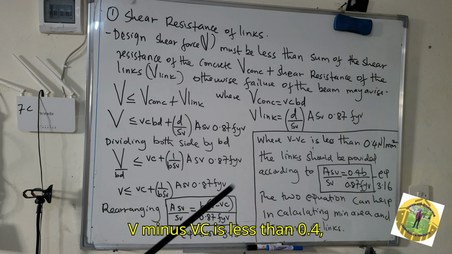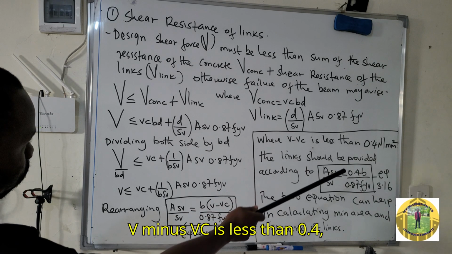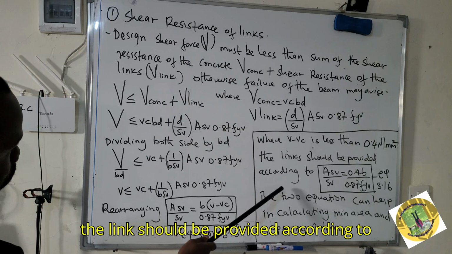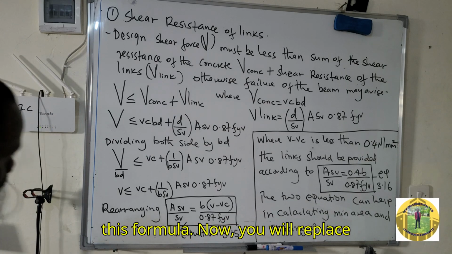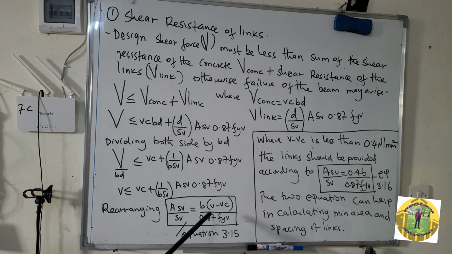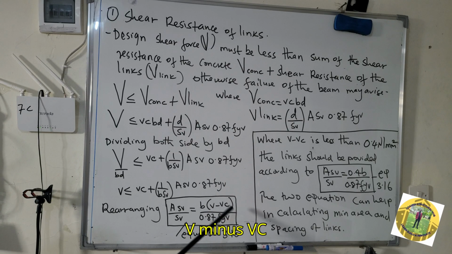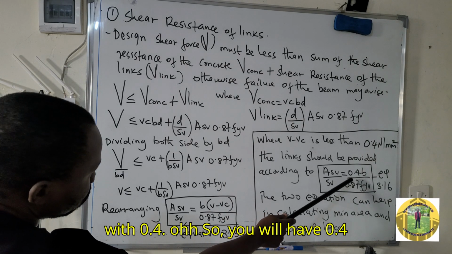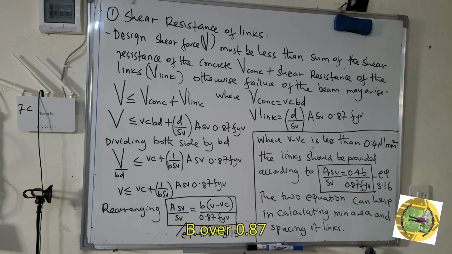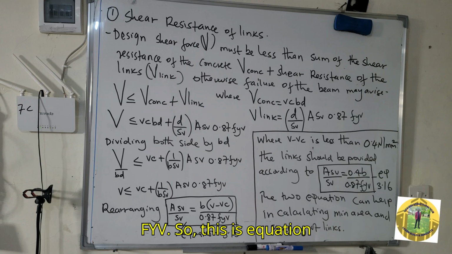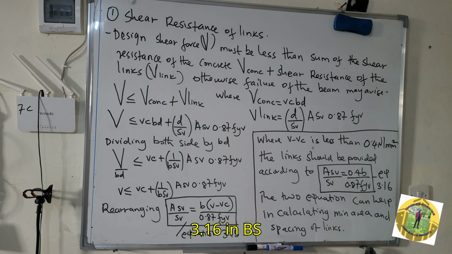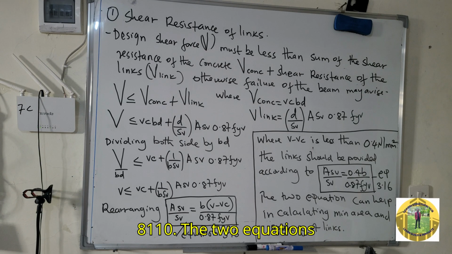Then, where v minus vc is less than 0.4, the link should be provided according to this formula. Now you replace v minus vc with 0.4, so you will have 0.4b over 0.87 fyv. So this is equation 3.16 in BS 8110.